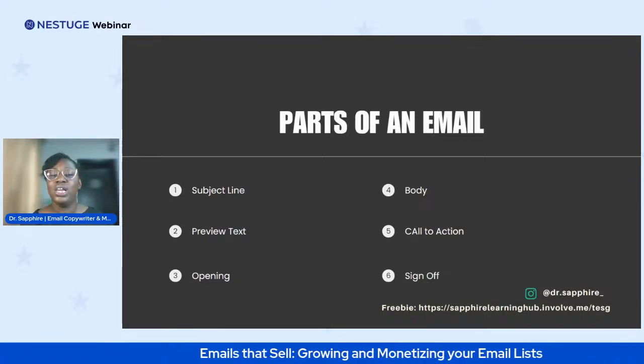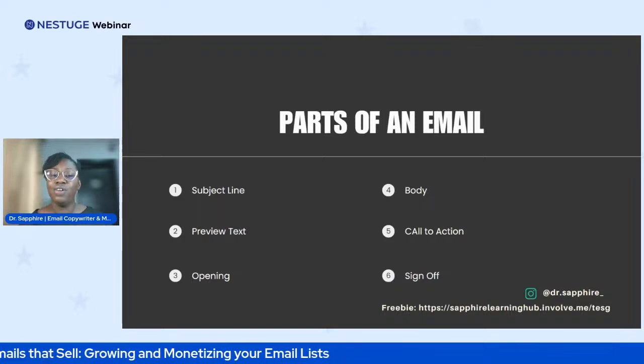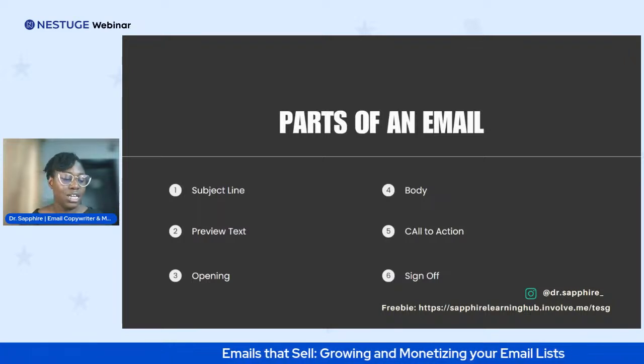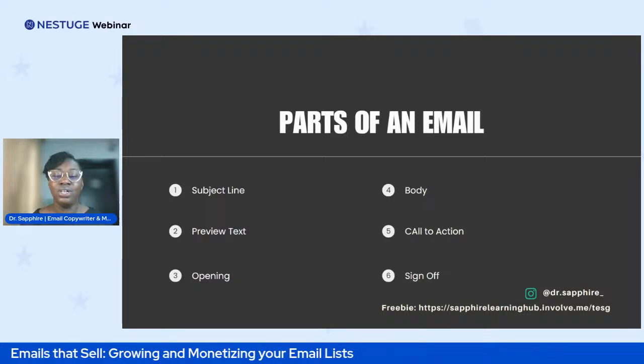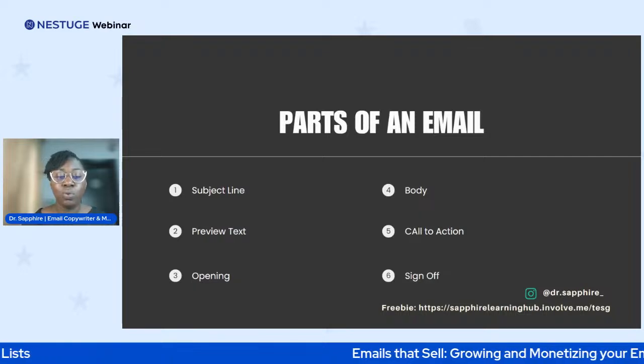So the goal of the subject line, aside from setting expectations of what you think you're going to receive in the email, is actually to get people to go ahead and open the email. Okay, so that's what your subject line is for.